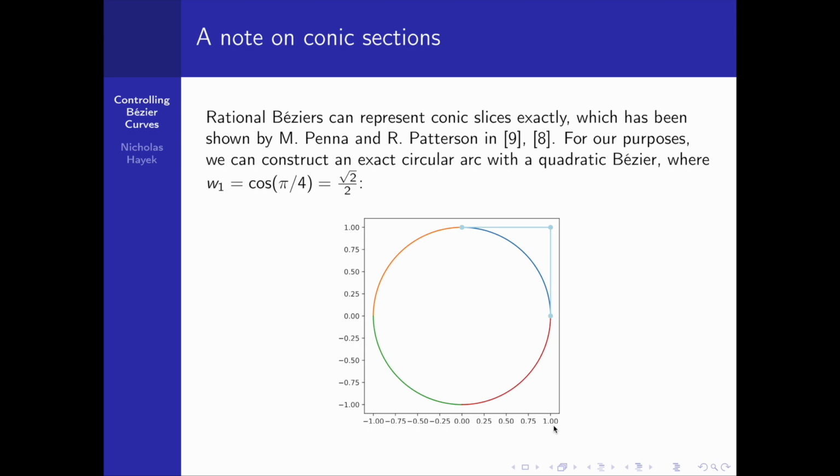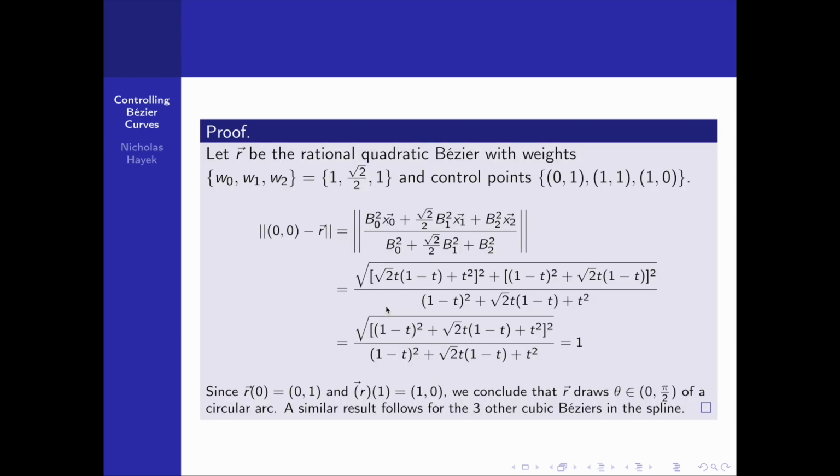But we can still observe the result by making a quadratic spline where the weights of each central control point is equal to cosine pi over 4. In stitching this together, you might think that this looks like a circle, but it is in fact a circle. And to prove this, what we do is not anything particularly enlightening or clever.